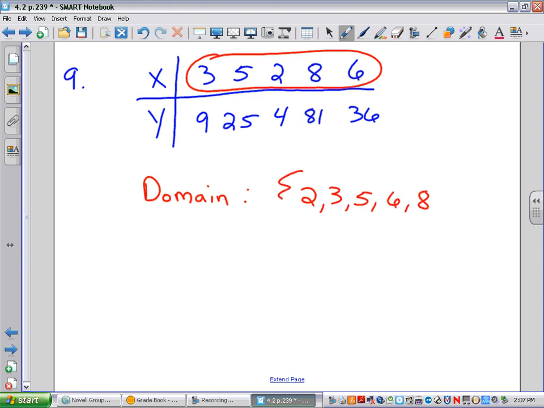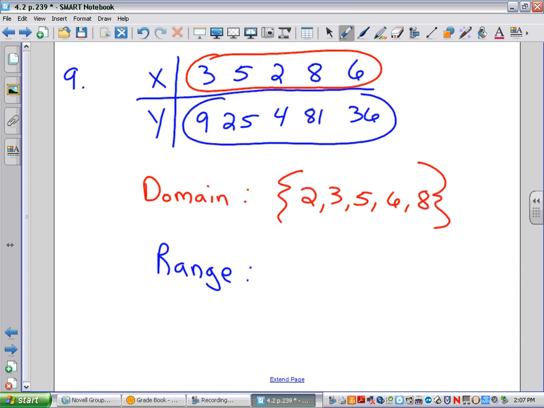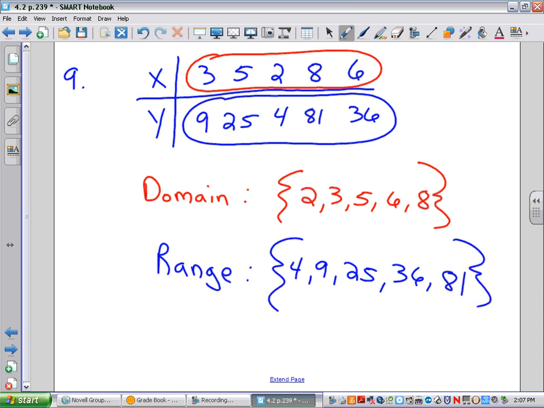I just like to put them in order in fancy braces. Then below that, just the opposite is range, and it would be all of these numbers, the y numbers. 4, 9, 25, 36, 81. So list the domain and range.